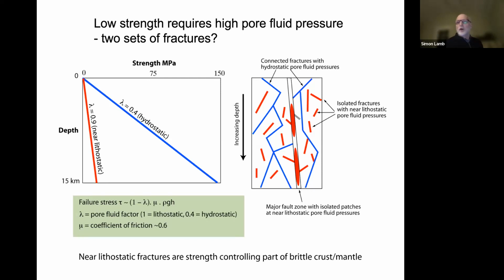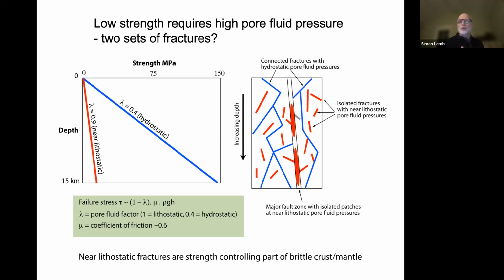That's an order of magnitude higher than the bulk strength that plate boundary zones actually show when you observe them. To get the strengths that you actually observe, you need near lithostatic pore fluid pressures.